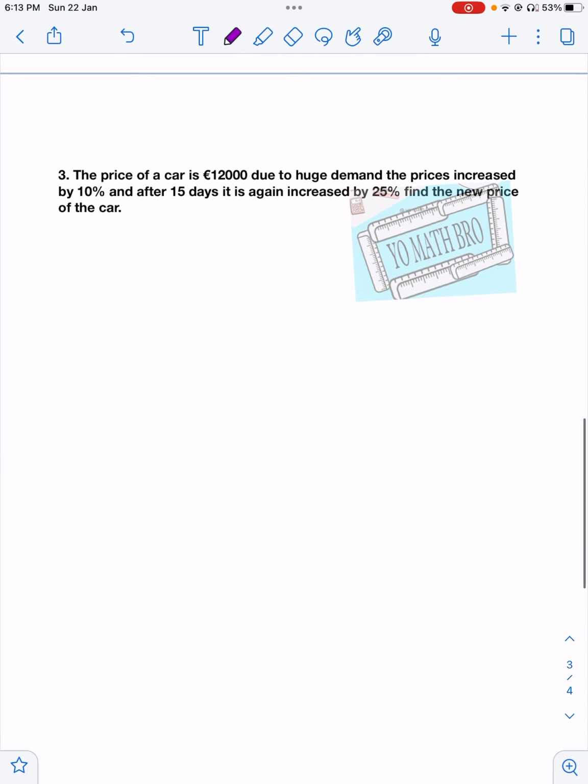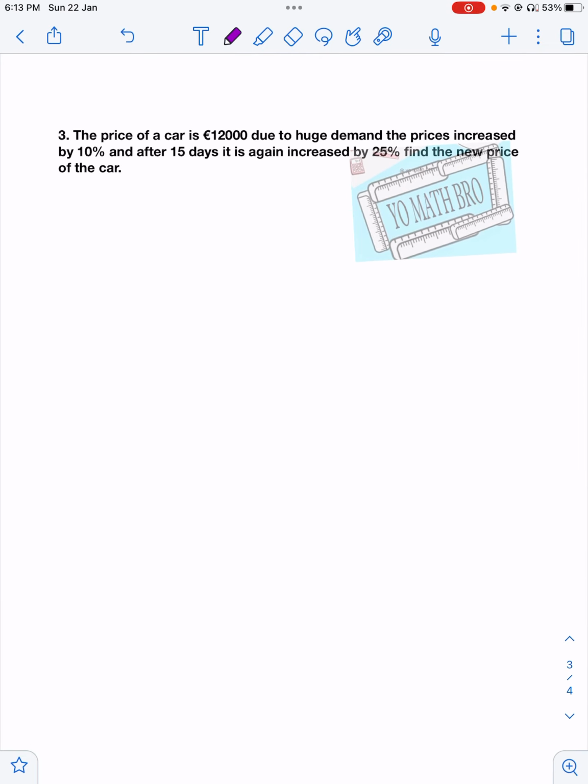Okay, let us take one more example in which we have only the selling price of the car. The price of a car is €12,000. Due to huge demand, the price is increased by 10%, and after 15 days it is again increased by 25%.